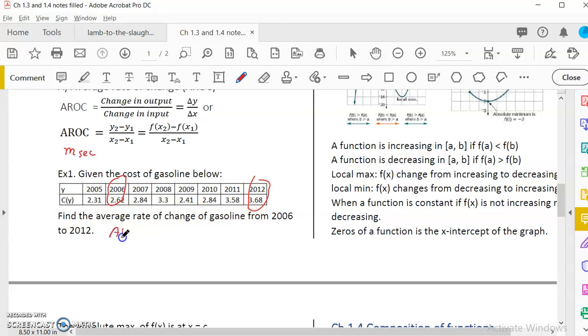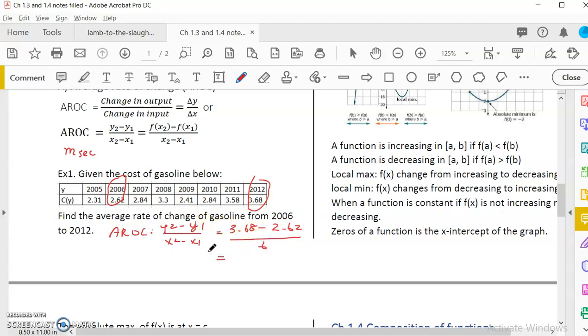So we can calculate something called AROC by looking at the y values, y2 minus y1 over x2 minus x1. So the y value for the later year is 368 minus 262, over the difference of years, 2012 minus 2006, which is 6.